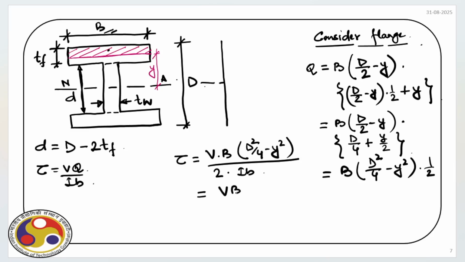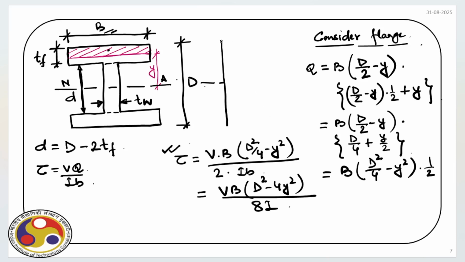So V times B times D square minus 4 y square divided by 8I. So that is the expression for shear stress, and again we have a quadratic variation. So if we start from the top at this point, obviously Q is 0 because there is no area above this point. Obviously it starts from 0 and we have a quadratic variation, right?